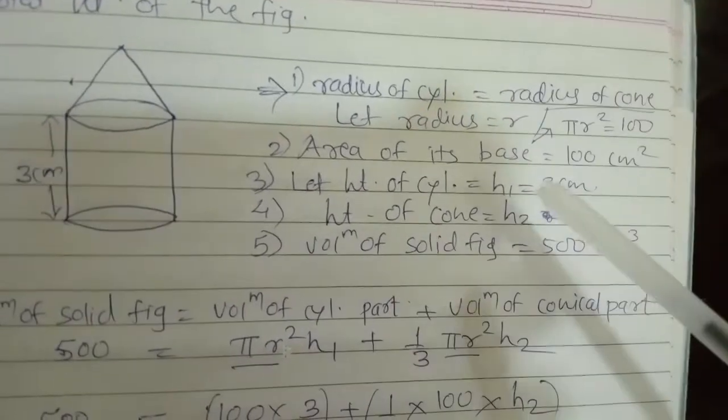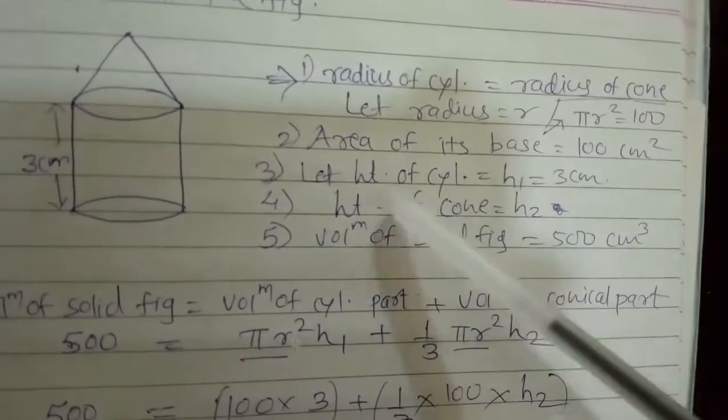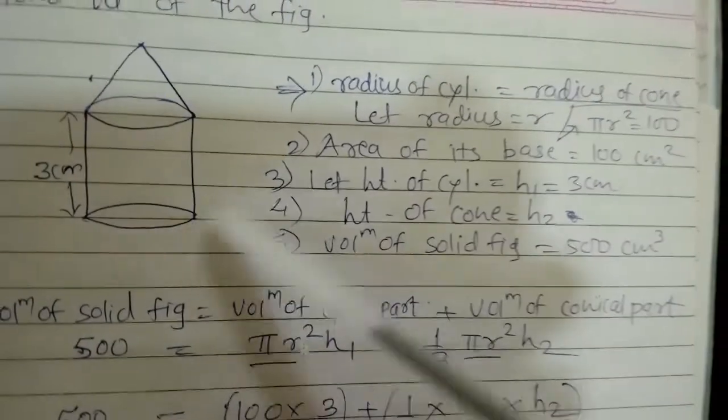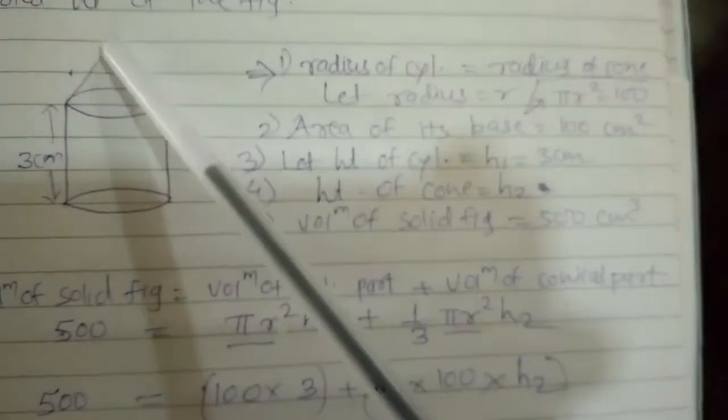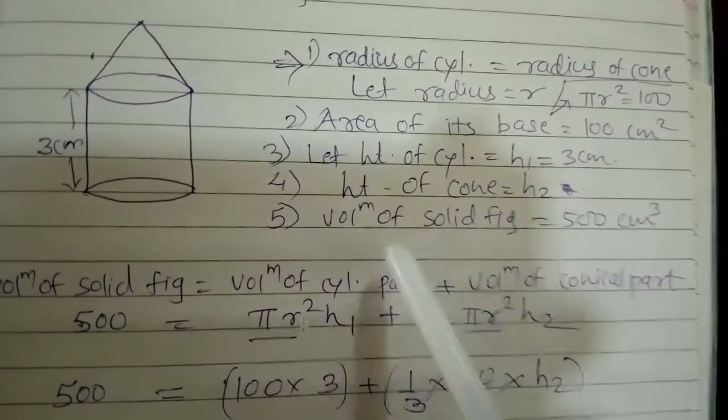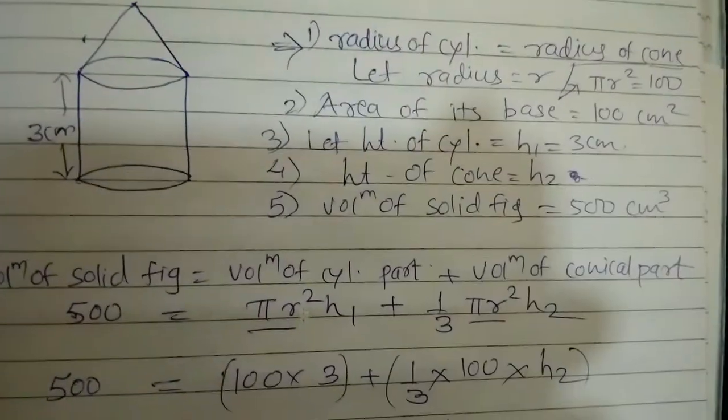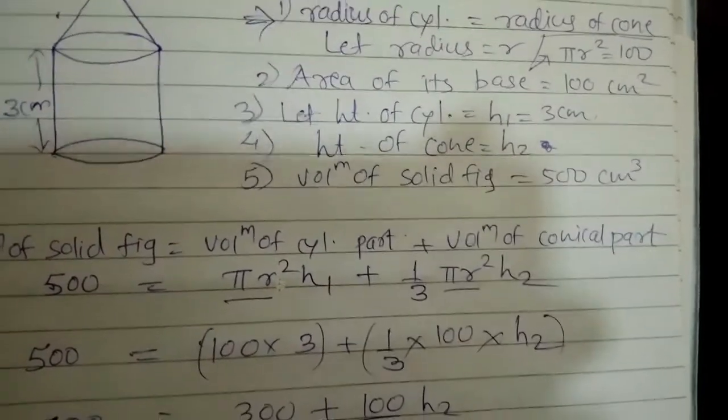Now the height of the cylindrical part we consider as h1, which is 3. Next the height of the cone we consider as h2, and the volume of the solid figure is 500.